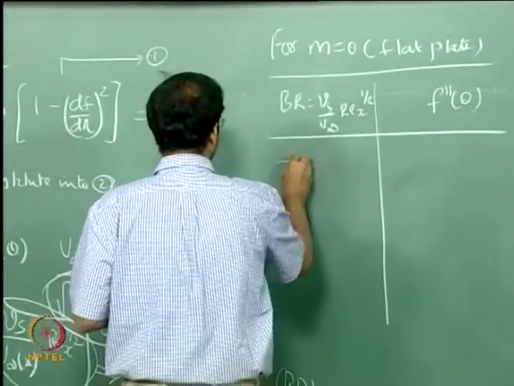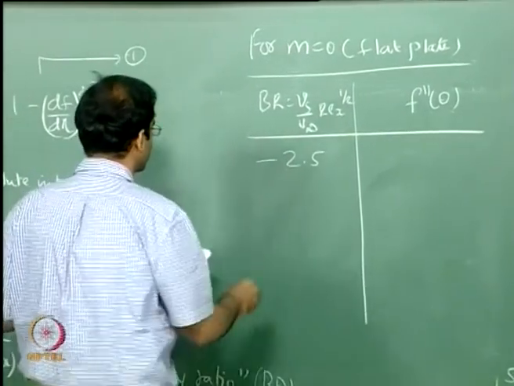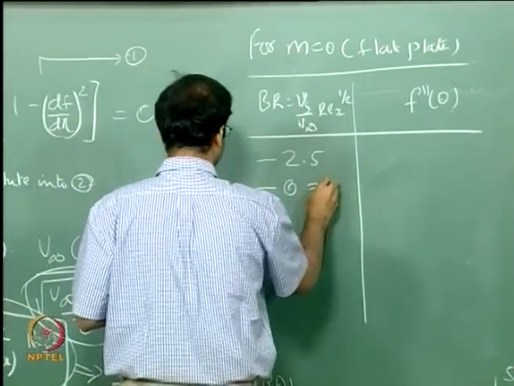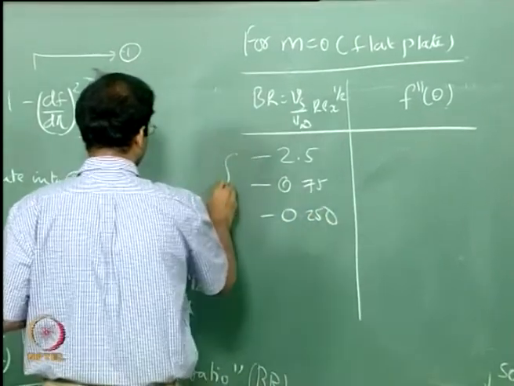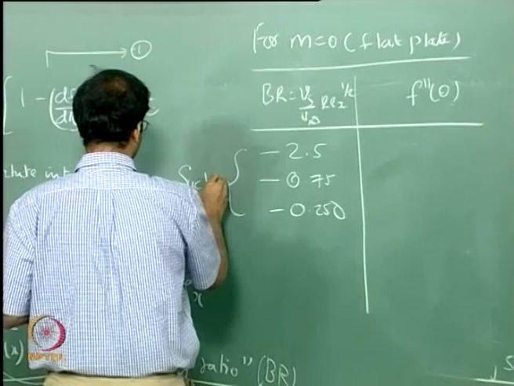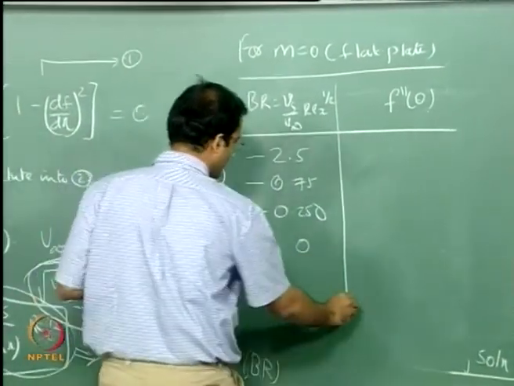Okay, for the value of minus 2.5, so these minus values actually indicate suction, right? So negative velocities, and 0 indicates no blowing.